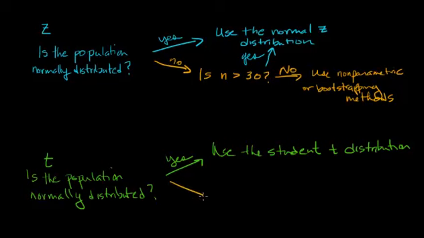If no, we have another question to ask. Is n greater than 30? If the answer to that question is yes, we use the student t distribution. If the answer to that question is no, again, we use non-parametric or bootstrapping methods.